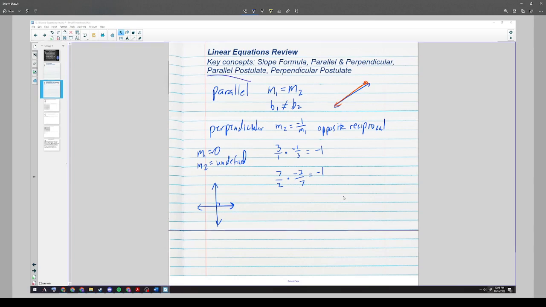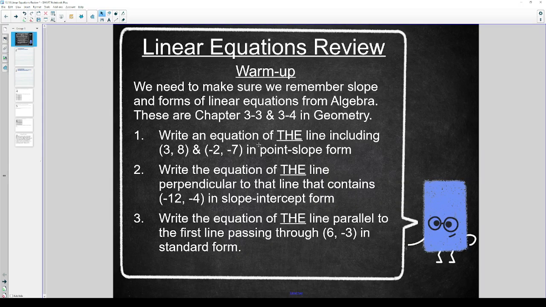Okay, last two things here: the parallel postulate and the perpendicular postulate. If we look back to the first slide with the warm-up, notice I put "the line containing." If we have a certain line parallel or perpendicular to another line that goes through a given point, there is exactly one line that fits that criteria.